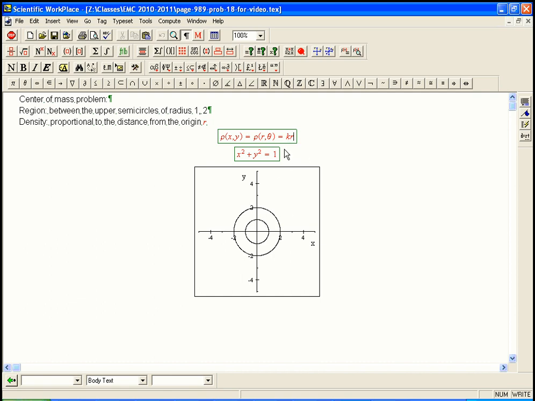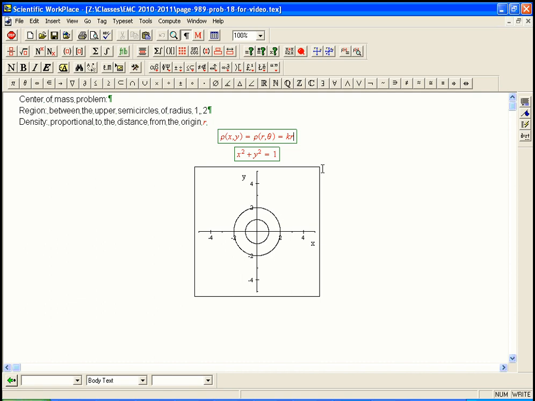Now, if this were the problem and it was the whole annulus, by symmetry, immediately we could say it's 0. Not just because of the picture, but because of the picture and the fact that the density doesn't depend on the direction. So all the mass up here and all the mass down here, the y coordinates will cancel out and give 0. The x coordinates will cancel out and similarly give 0. Since it's the upper semi-annulus, the y coordinates will definitely not cancel out and give 0.